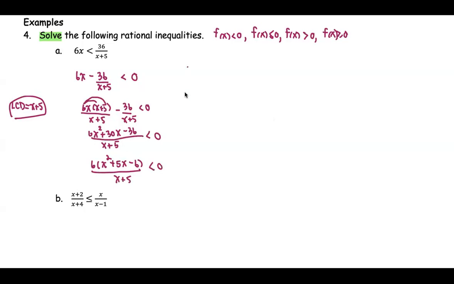We can factor the numerator completely: x squared, and negative 6 from two numbers, positive 6 and negative 1, divided by x plus 5, less than 0.